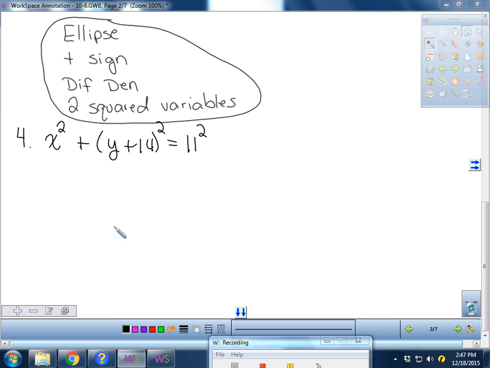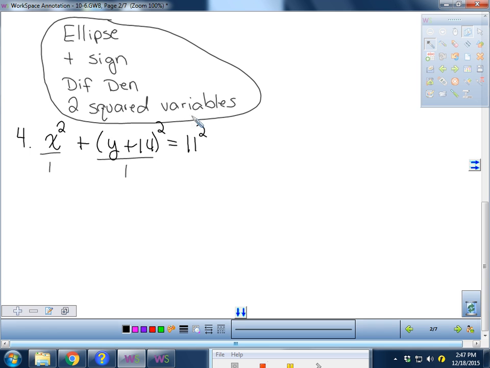Alright, number 4. I notice that x is squared and y is squared. That means that it is not a parabola. I look in between. There is a plus sign, so that means it's either a circle or an ellipse. So therefore, the only difference between those two is the denominators. And if you look, this would have a denominator of 1, and this would have a denominator of 1. That's the same, or you can just say they don't have a denominator, which is fine.